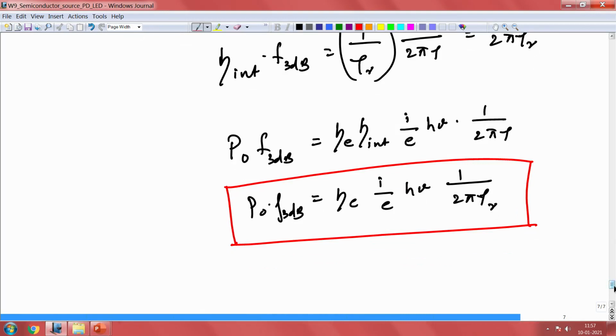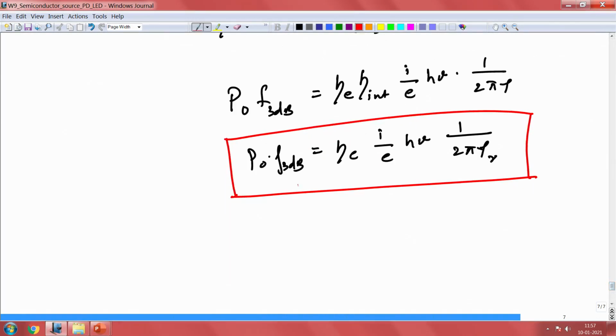It is directly proportional to the injection here. If you increase the injection, you will get high power, but it is going to reduce your speed. The reason for that is your radiative recombination rate.